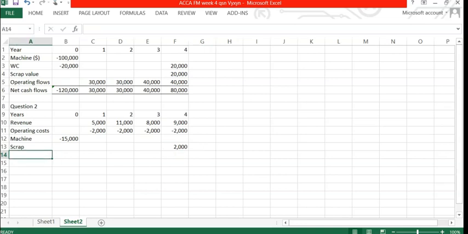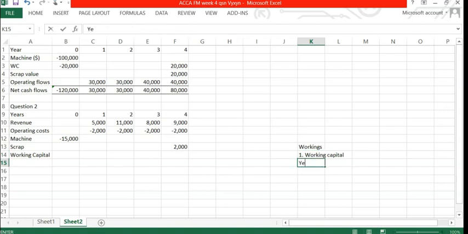And then working capital, this is where I want you to see working capital. You can come here on this side and say workings. 1, working capital.